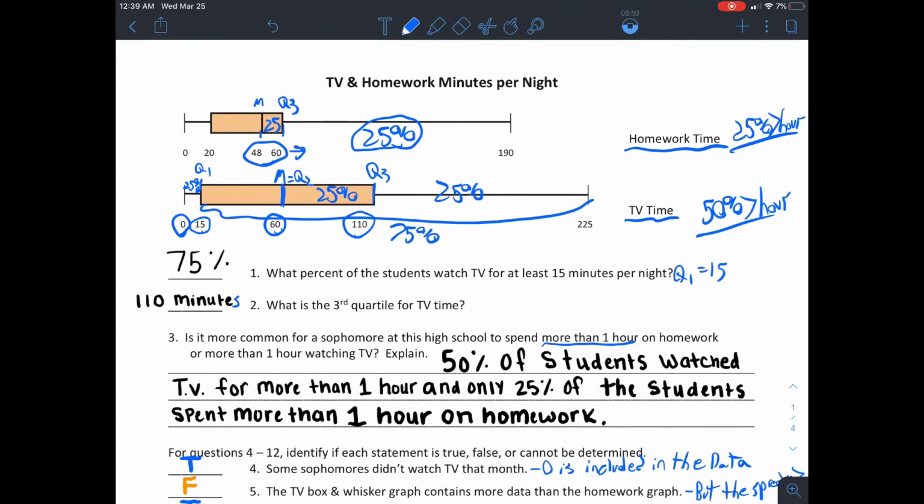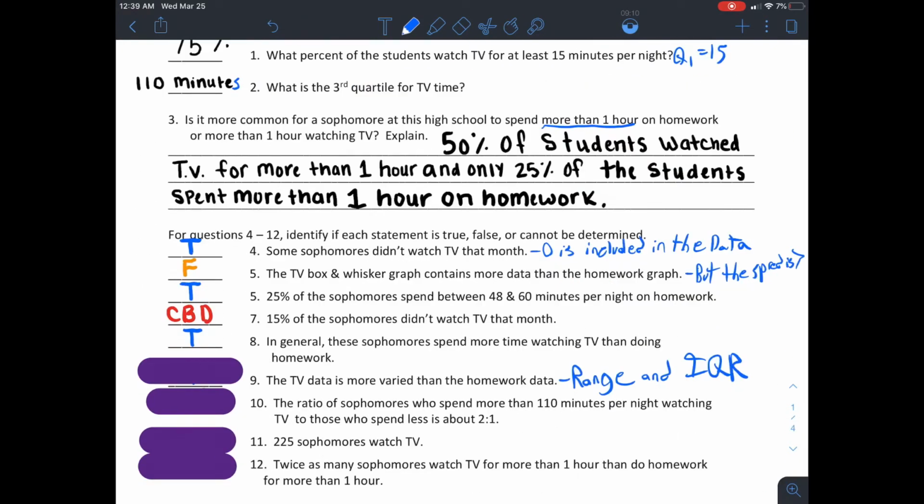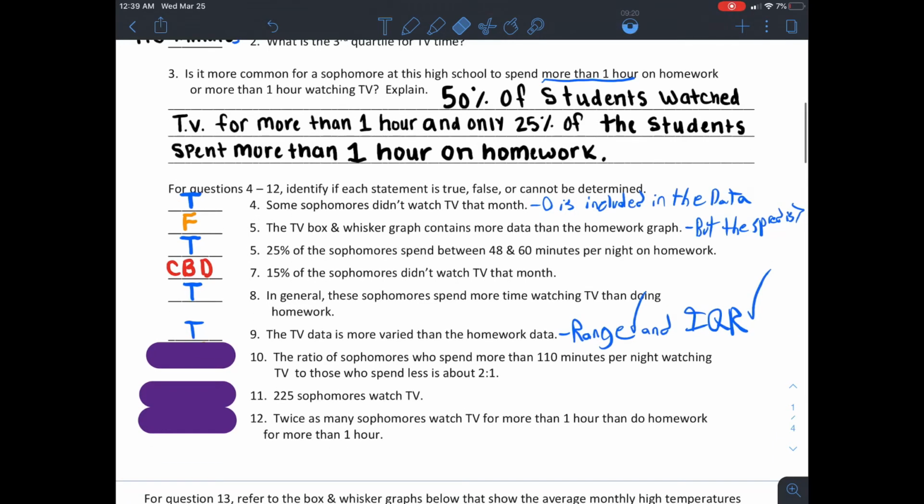So which one, homework time or TV time, has a longer box? That's right, TV time has a longer box. It also has a greater range because its whiskers from minimum to maximum are further apart than on the homework time box plot. TV data is more varied in both the range and the interquartile range than homework data. So I'm going to say that that's true.